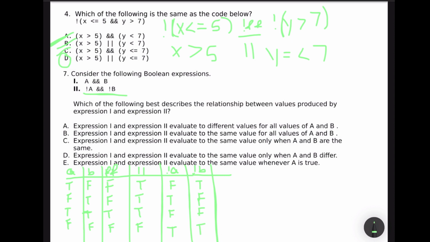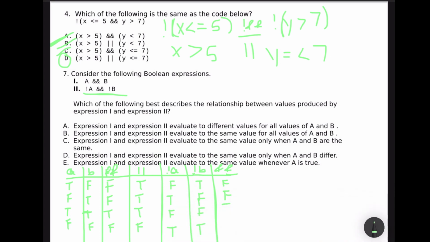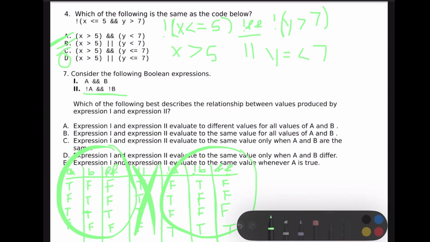Okay, now let's do and for this. False, true is false. True, false is false. False, false is false. My bad, I put true. And then true, true is true. I don't know why I did the or one, just ignore that. But now we can compare this and this together.